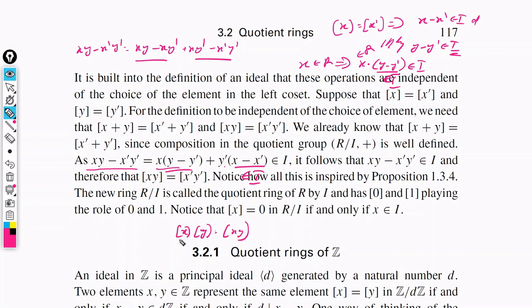That means coset x into coset y equal to coset xy is a well-defined operation. So we can say that R by I is a ring under these two operations. That ring is called quotient ring.